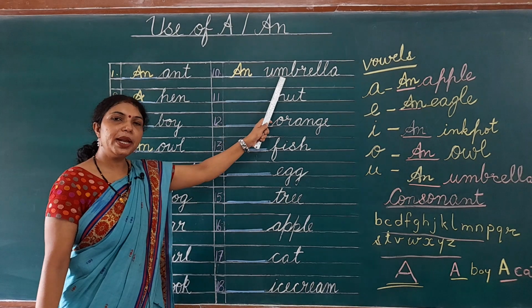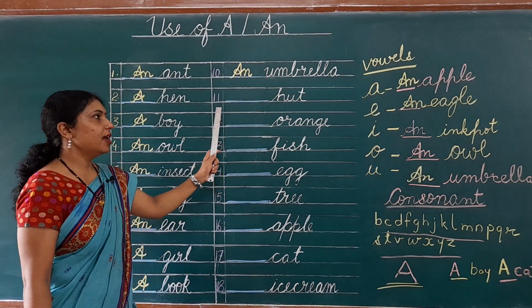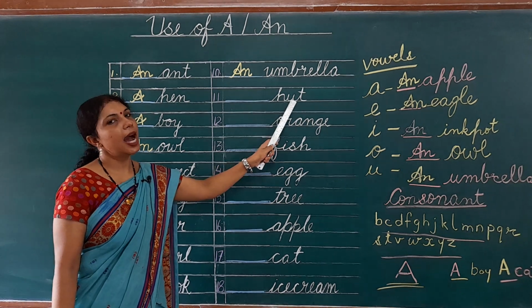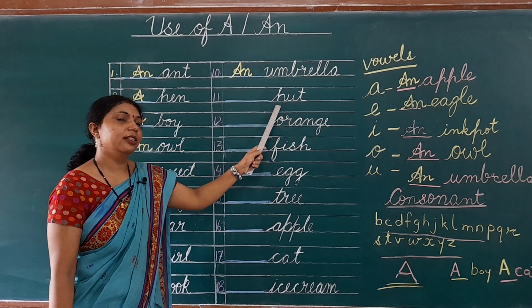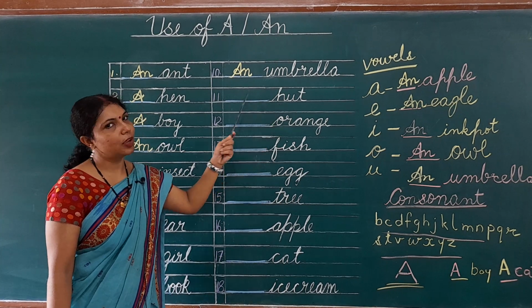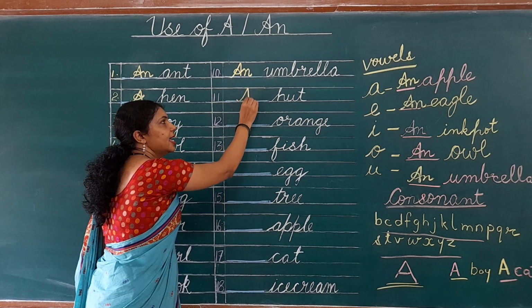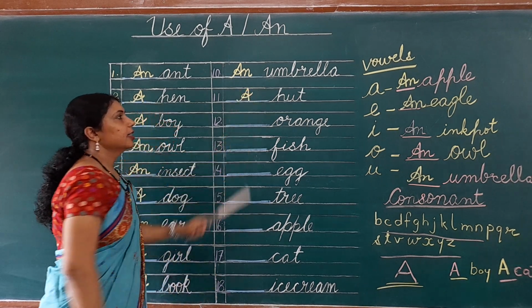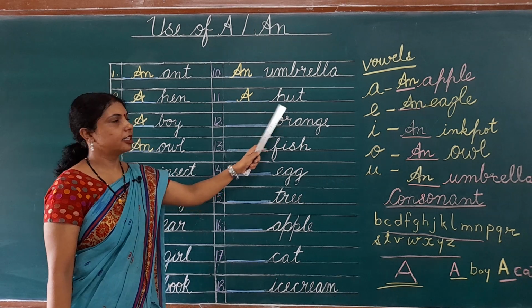An umbrella. 11. H-U-T, hut. H is again a consonant and before consonant we will use A and we will pronounce this A. This is a hut. A hut.